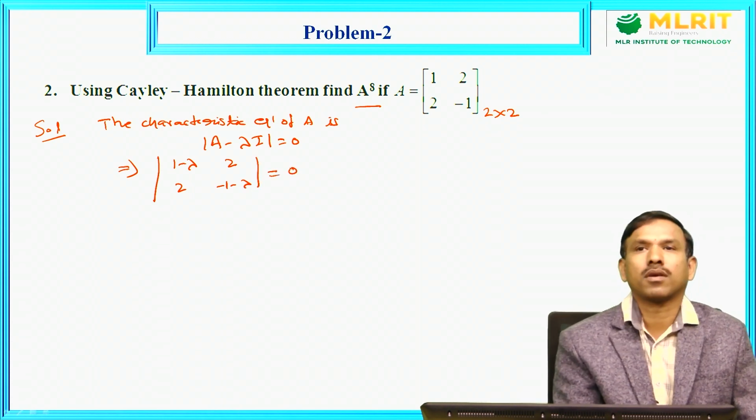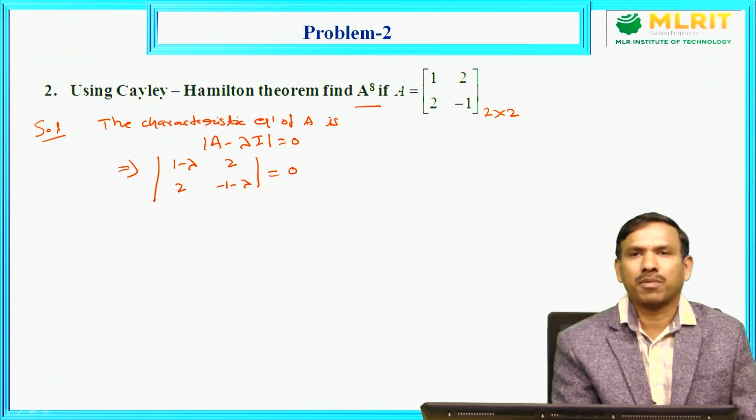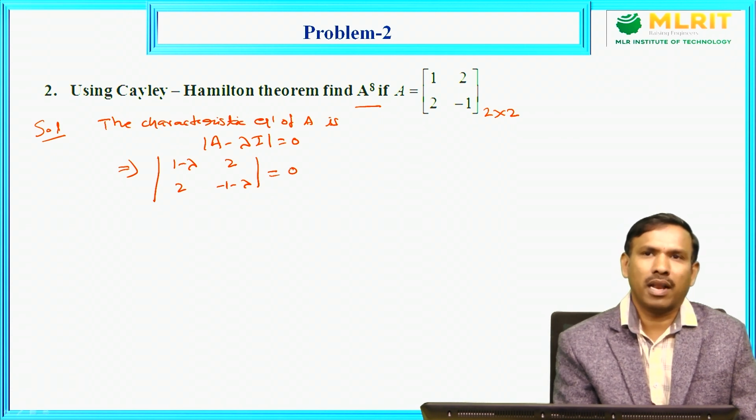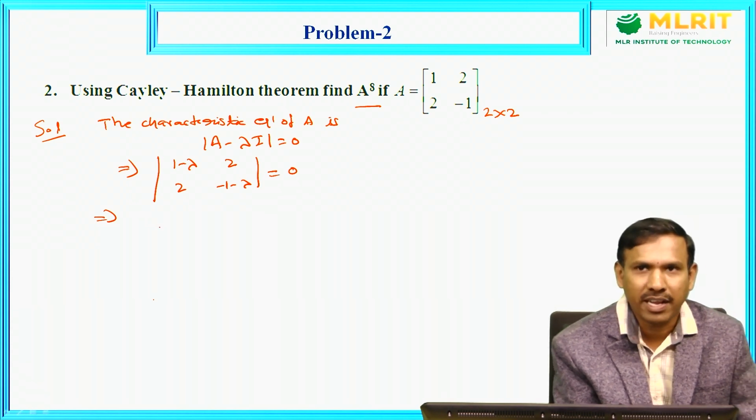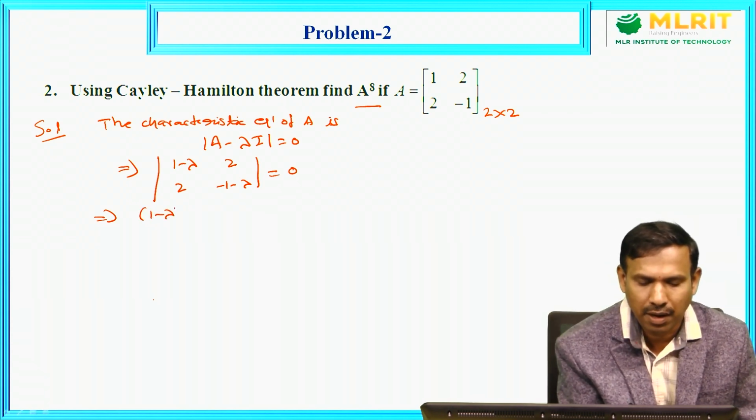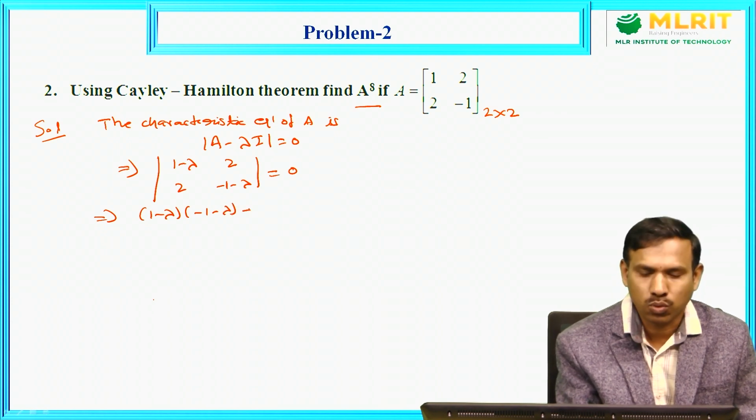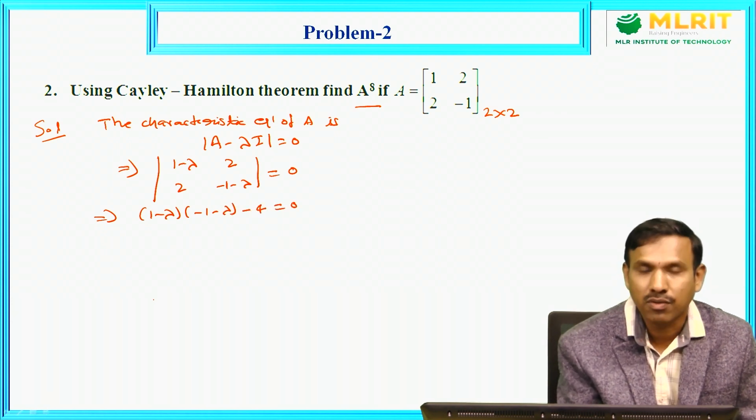Means from the diagonal elements subtract lambda, the remaining elements no change. So, with determinant expansion: (1 minus lambda) into (minus 1 minus lambda) minus 2 into 2 is equal to 0.